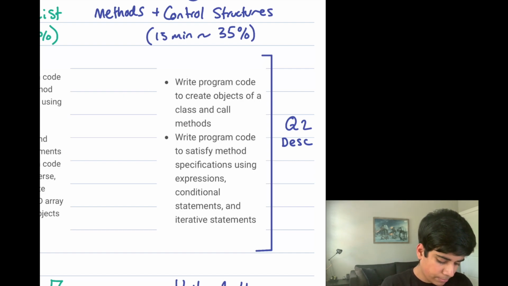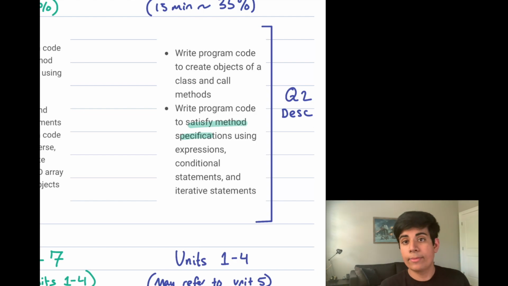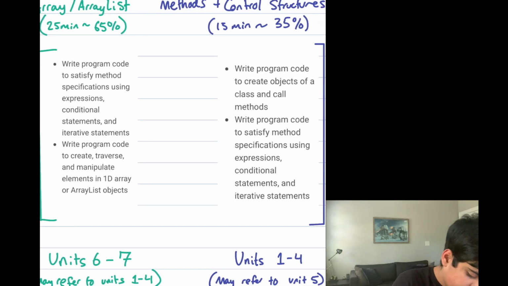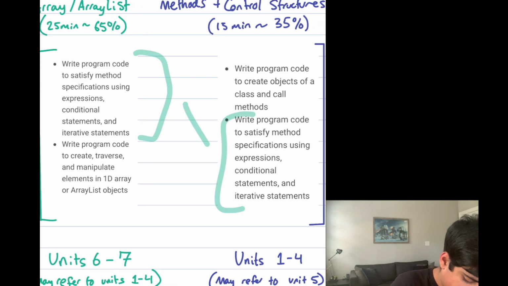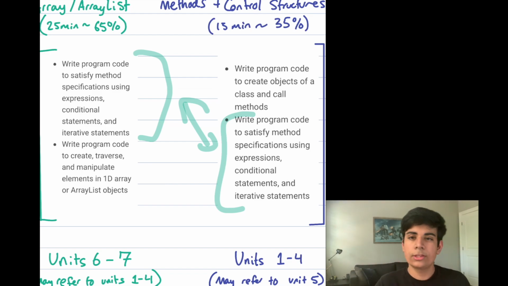Now the second bullet point: write the program code to satisfy method expectations. Again, that means answer the question using expressions, conditional statements, and iterative statements. This is going to be Units 1 through 4, because those units pretty much include all of those things.